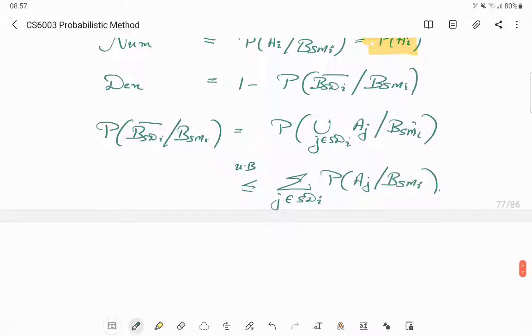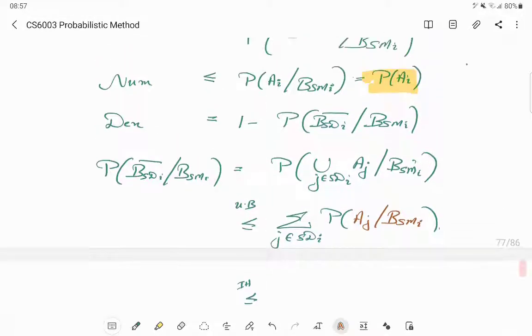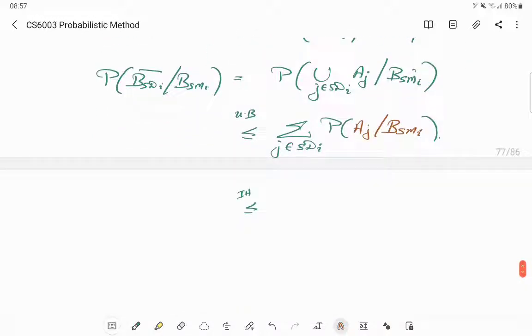Okay, so now we are going to use the induction hypothesis, right? Because we have got back this term in the format that we want, right? Some Aj given some Bs, where now this set is smaller than S. Okay, hence our induction hypothesis will apply.